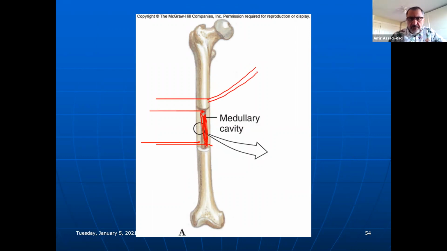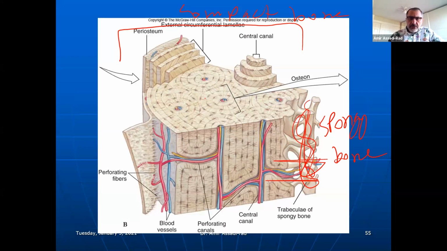Okay, so the blood goes into, and you can see the nice, beautiful canaliculi right here, and these are osteocytes, and in between the canaliculi is your compact bone, which is the matrix right here.